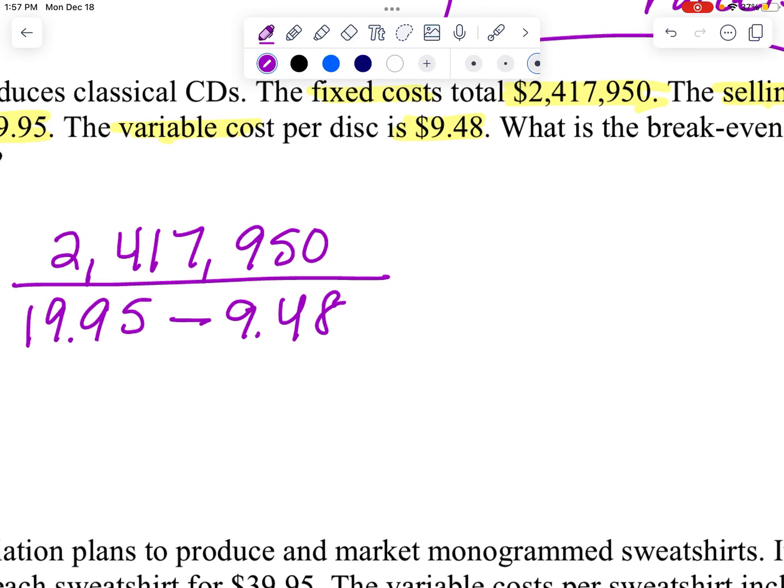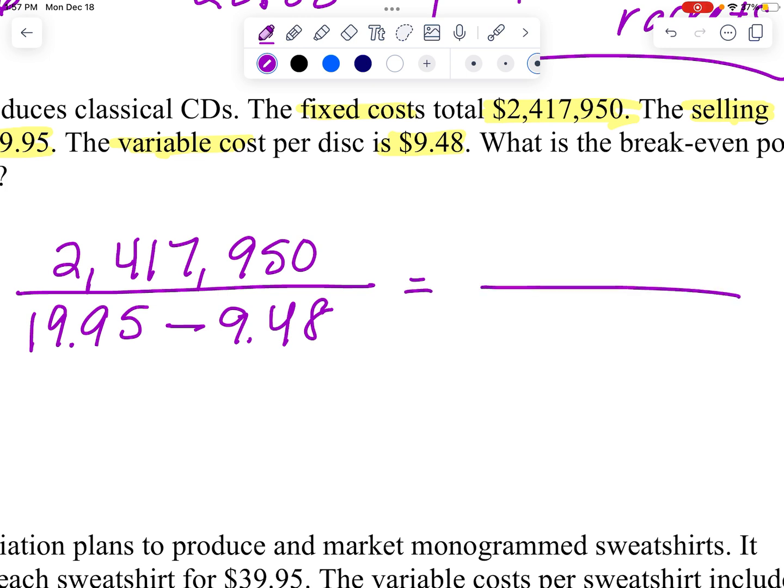All right, take a moment, write that down. And then if you get ahead of me, you can do the bottom part first in the calculator. So 19.95 minus 9.48. Okay, when you subtract, I got 10.47.